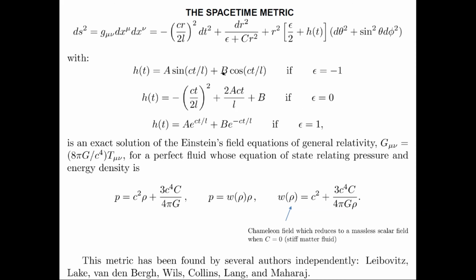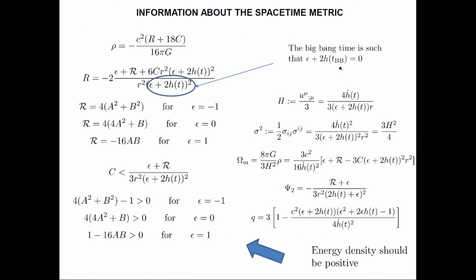This space-time metric is not a model that we have cooked up for achieving our purposes, but indeed has been found and studied by several authors many years ago. So let me now report some basic information about this space-time metric. I am writing down the energy density, and in particular we see that we have this piece at its denominator.